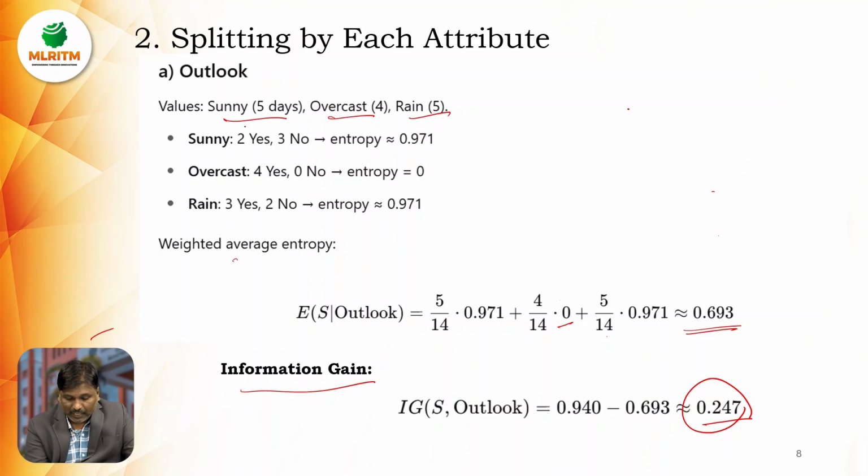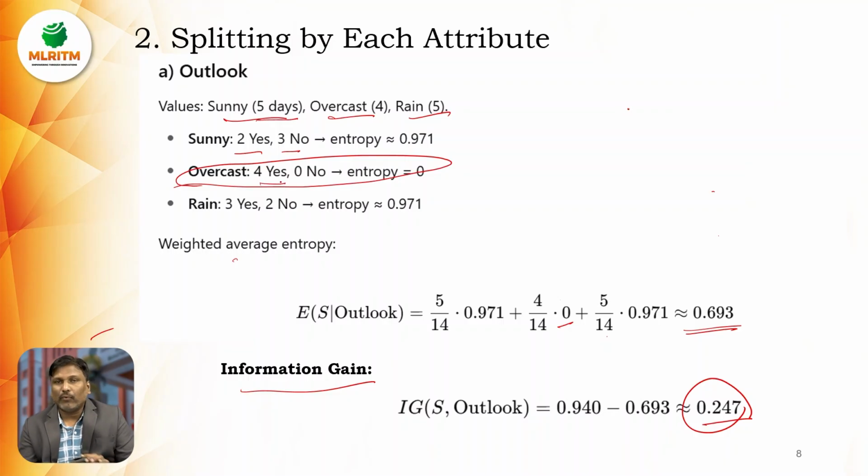If you observe sunny, 5 are there. Out of 5, 2 yes and 3 no are there. But coming to the overcast, we only have the 4 yes condition. We have 4 overcast instances, and for all 4, it is yes.